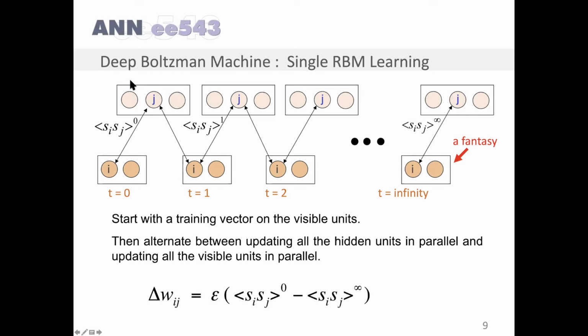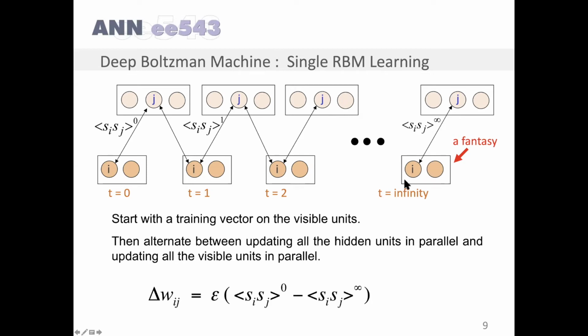Once we have found the outputs of these units, each one either 0 or 1, then by using these values, similarly, we find the outputs of the units in the visible layer by calculating the activations using the outputs of the neurons in the hidden layer, and then by calculating the probability, the values of the outputs of these neurons are set. After these are set, this is repeated to find the outputs of the hidden neurons, and this is repeated for t equal to 1, t equal to 2, and goes on to time infinity.